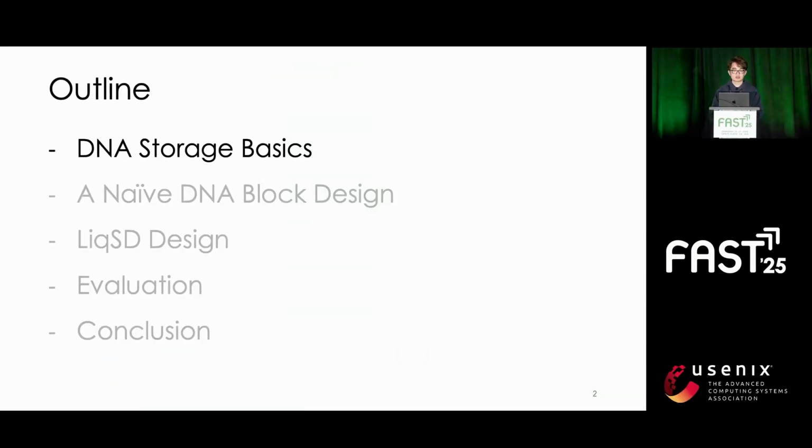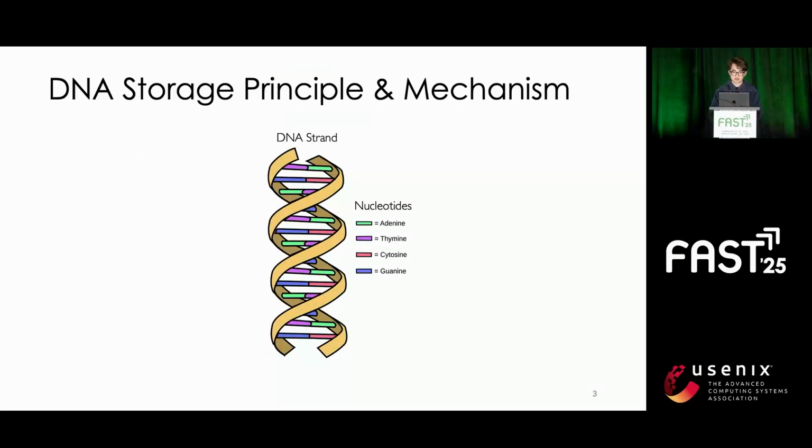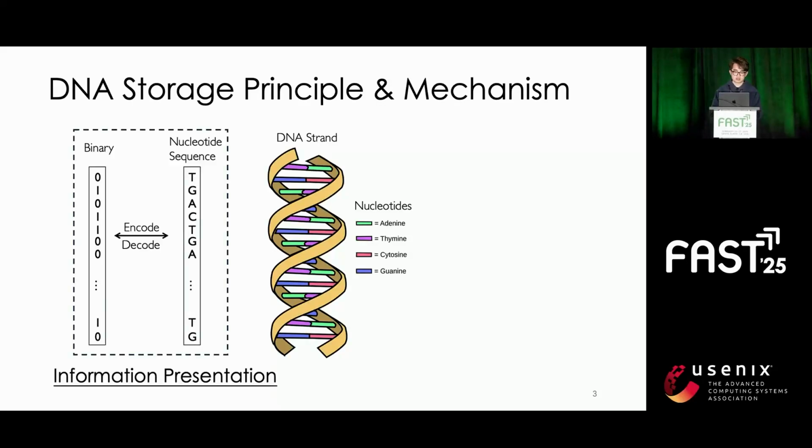Let's start from the DNA storage basics. DNA, which consists of 4 different nucleotides, A, T, C, and G, is well known as the carrier of the genetic information. Today, with the advances of biotechnology, DNA can also carry universal information.